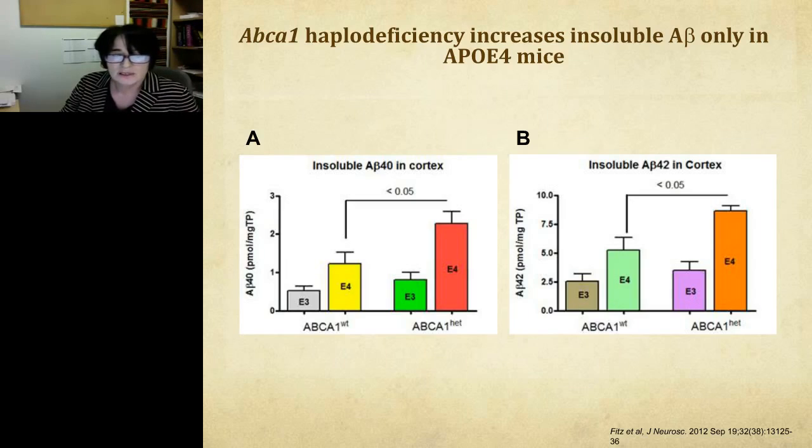In contrast, there was very little difference between E3 mice with wild type or ABCA1 heterozygotes. So the conclusion from this and the previous experiment is that the deficiency of one copy of ABCA1 significantly increases amyloid deposition only in E4 expressing mice.